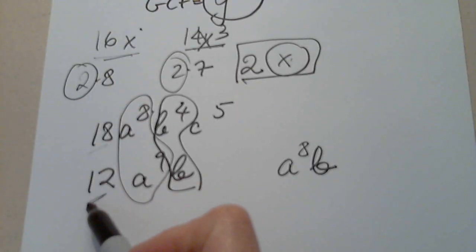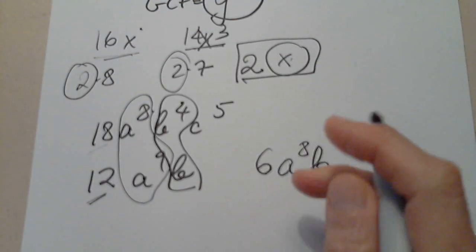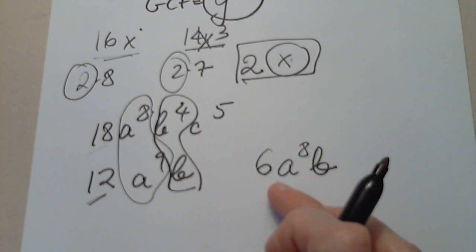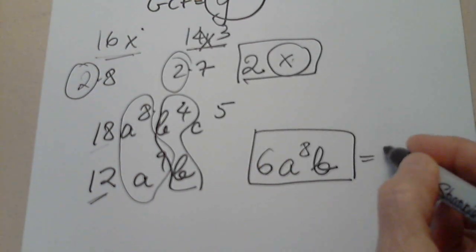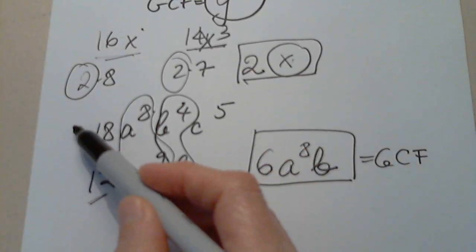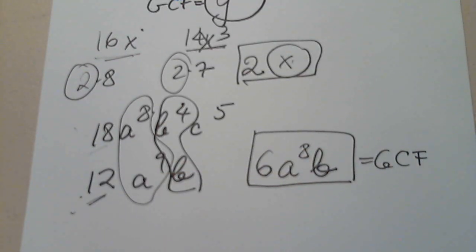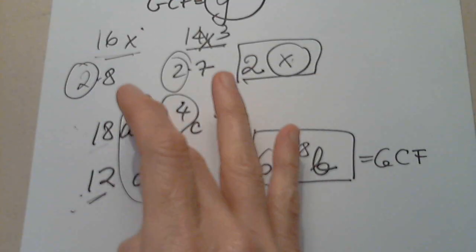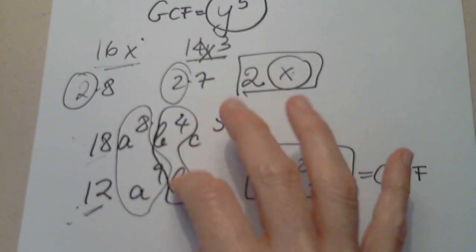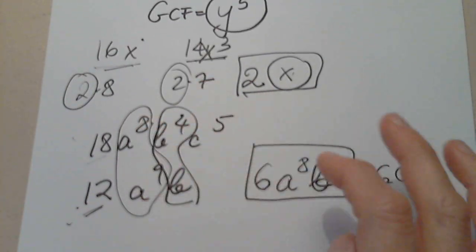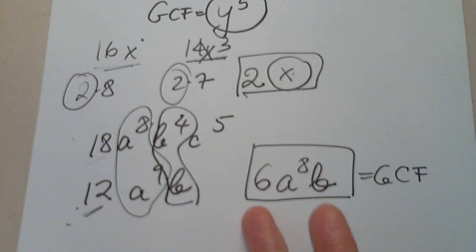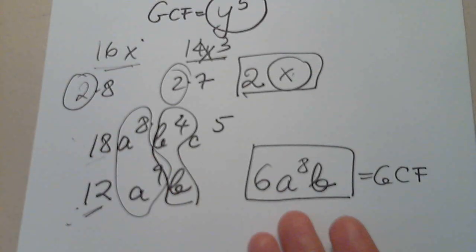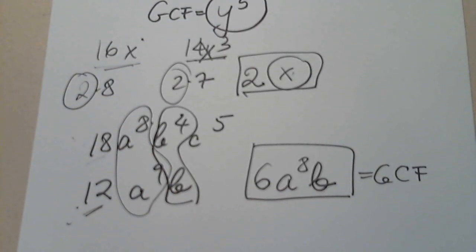And 18 and 12 have 6 in common, because 6 times 3 is 18 and 6 times 2 is 12. So this will be the greatest common factor of these 2 terms. Again, the variables, the smallest power. That's how we determine the greatest common factor.